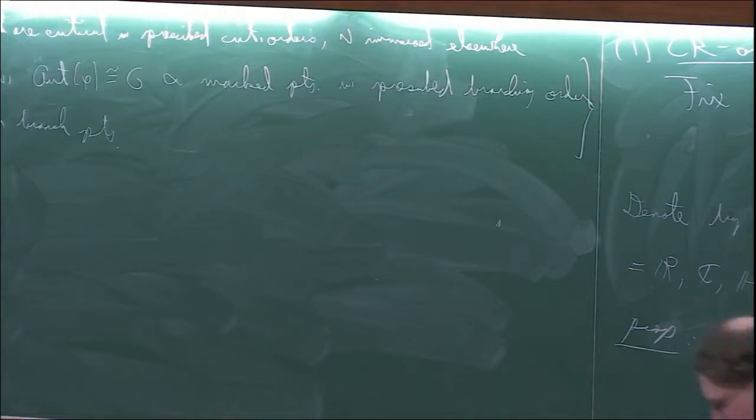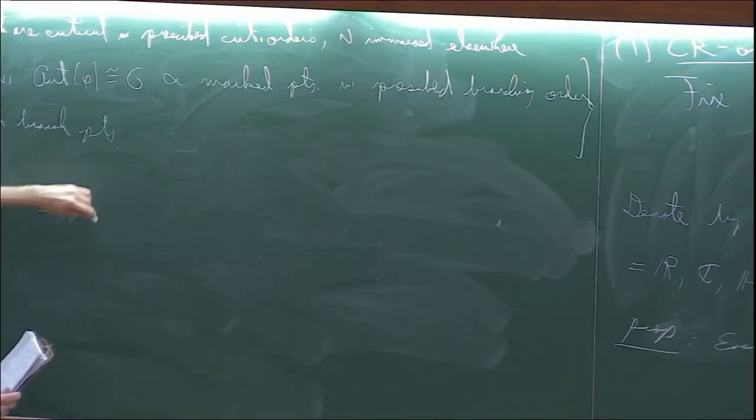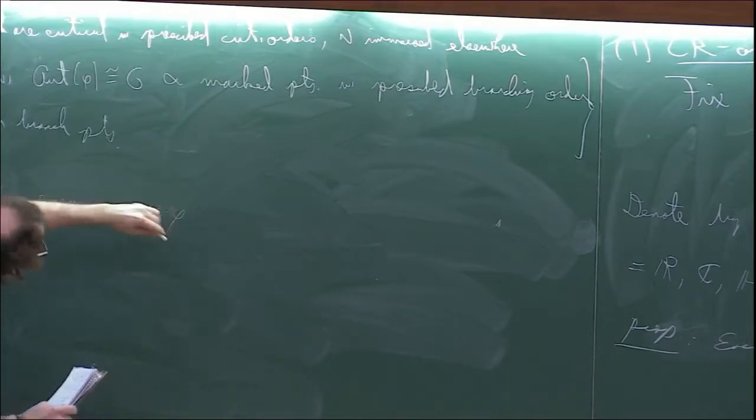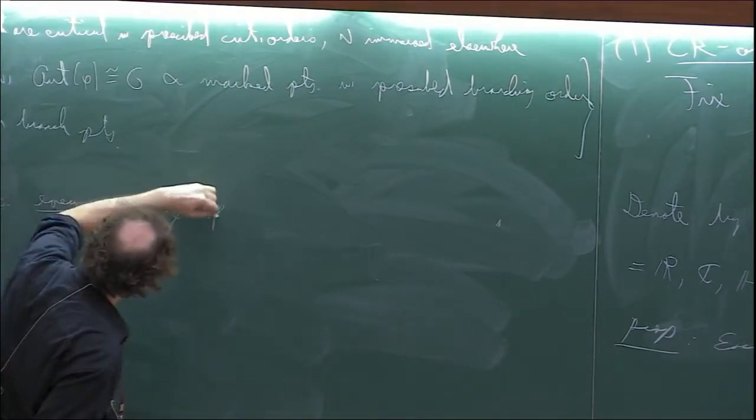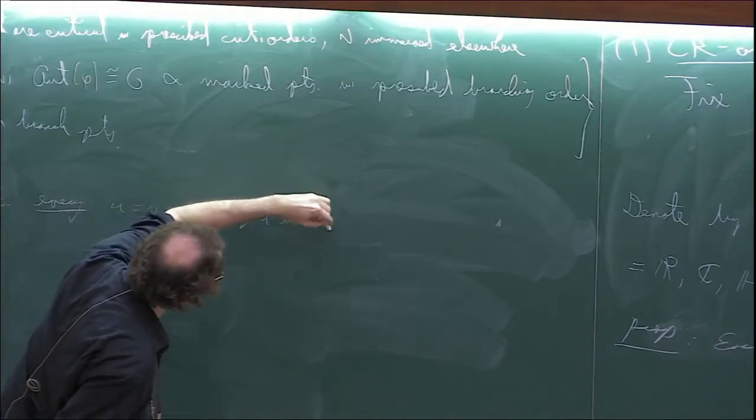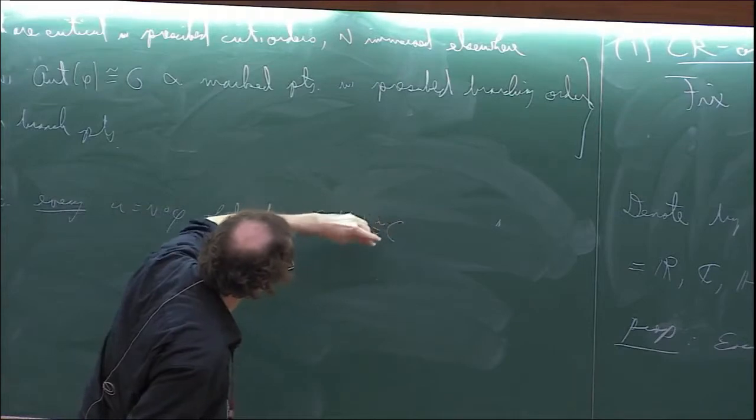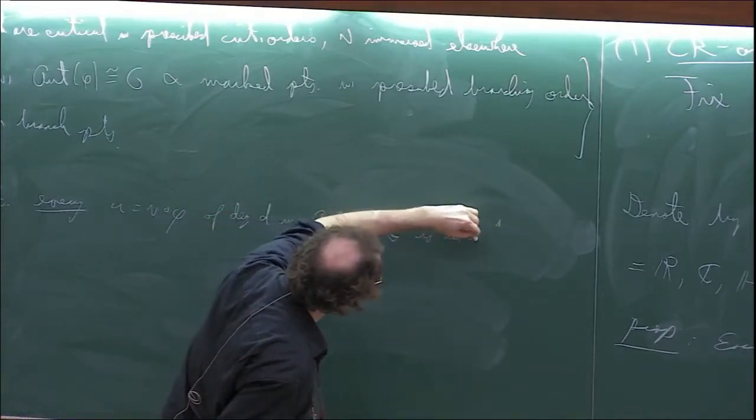The point is, two points. First, there exists a countable set of combinatorial choices defining such spaces such that every conceivable branched cover u equals v of phi of degree d with automorphism group isomorphic to G is in one of them.